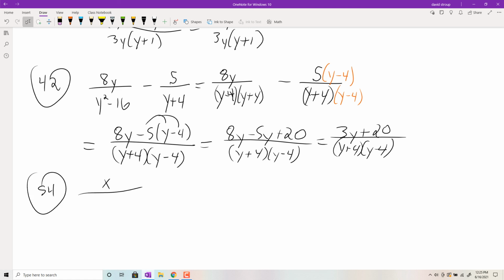54. This time we have x all over x squared minus 2x minus 24, minus x all over x squared minus 7x plus 6. Again, I'm going to have to factor the denominators to see what's under the hood, so to speak.